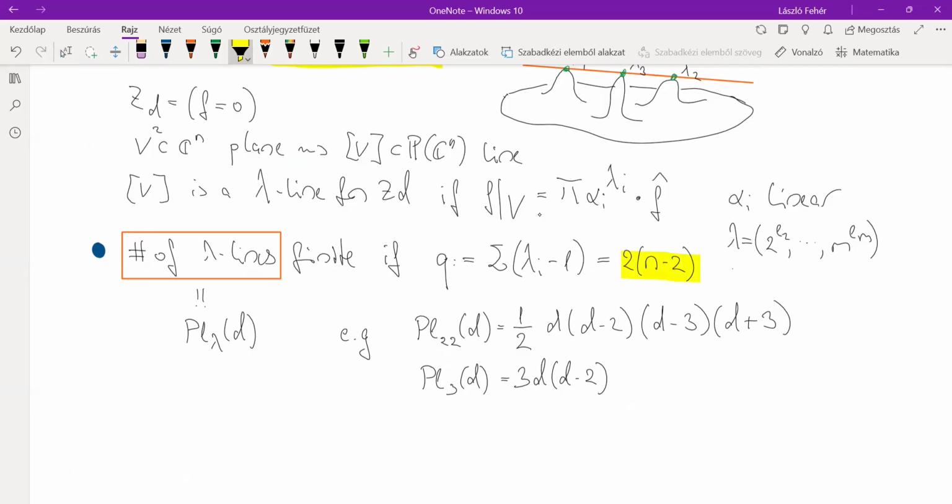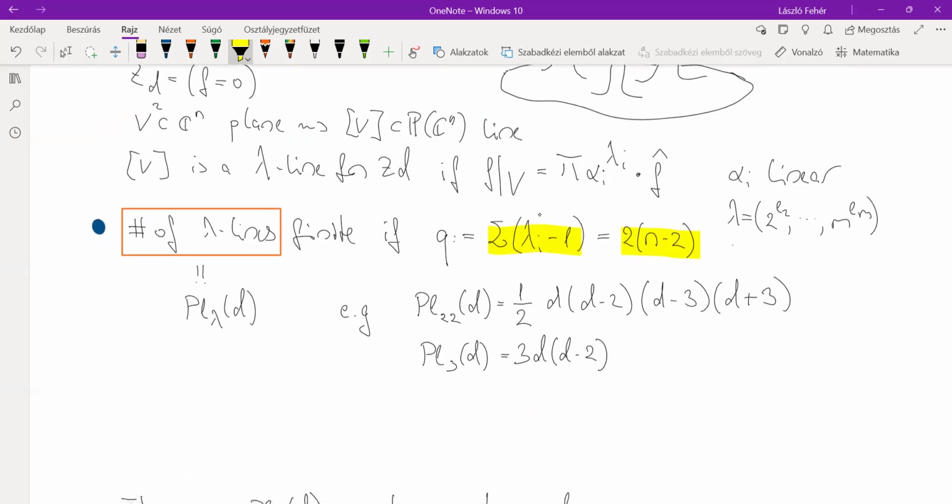And the codimension of the variety of lambda lines is the sum of (lambda_i minus 1). You can think of it as when you increase the multiplicity from 1 to higher, every time you add an extra condition.